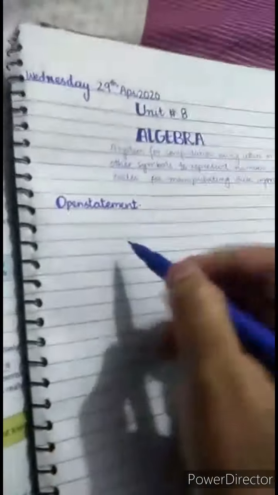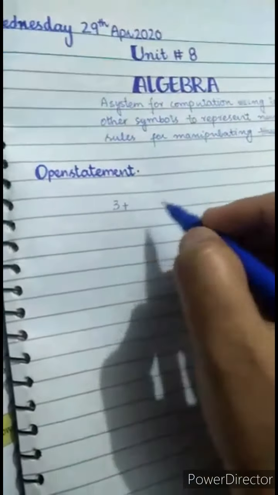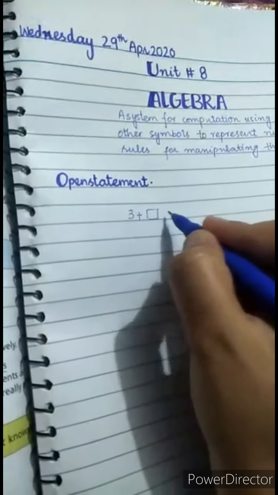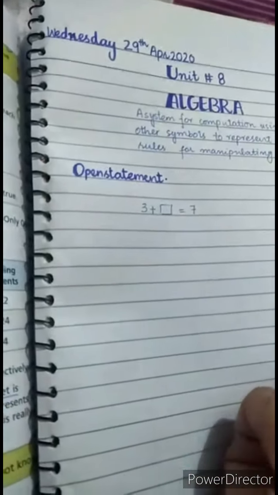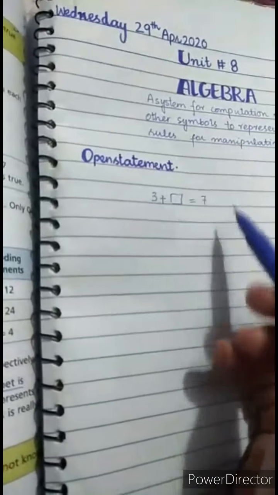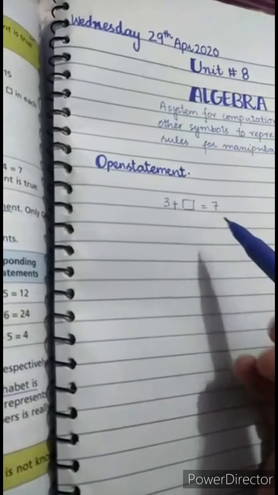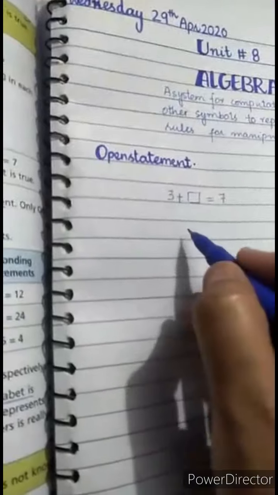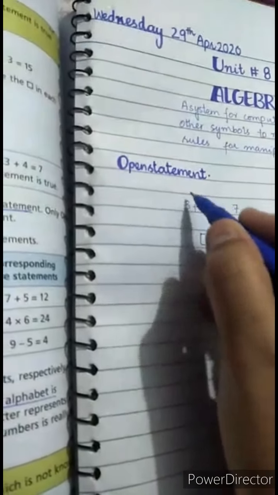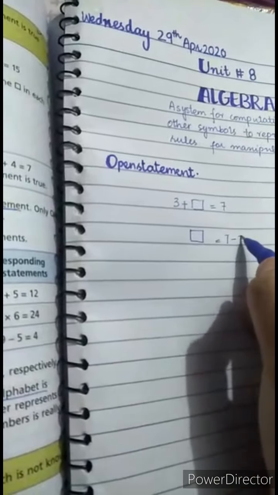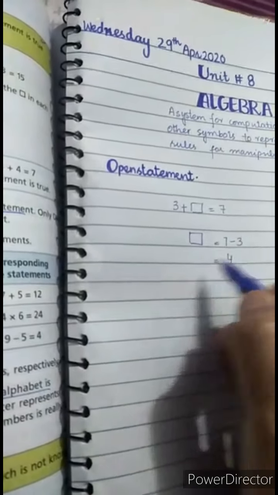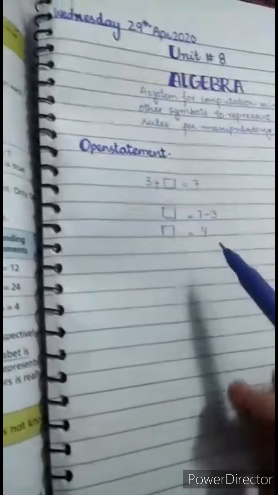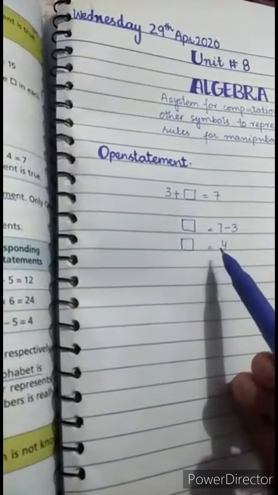Now, a number that makes an open statement true is said to satisfy the statement. For example, we are given this example in the book: 3 plus dash equals 7. We cannot say whether the given statement is true or false. We have to apply some rules, evaluate the value, and solve this equation first. So to solve this box, 3 will go there. 7 minus 3 equals 4. So this box will be filled by the number 4.